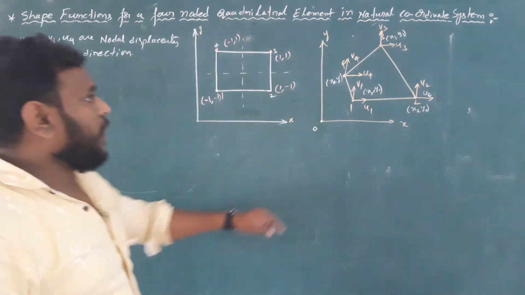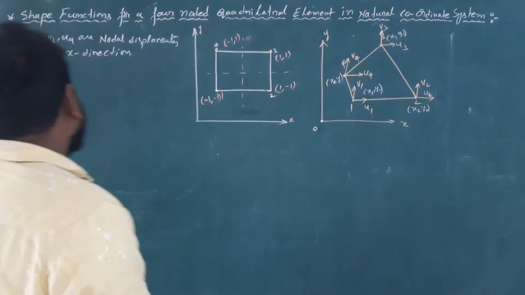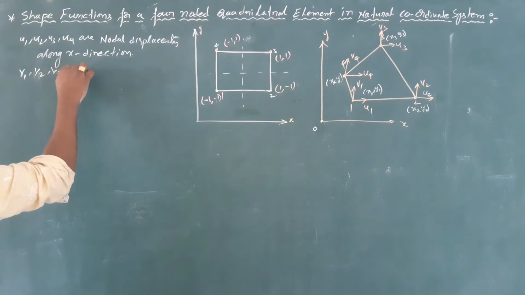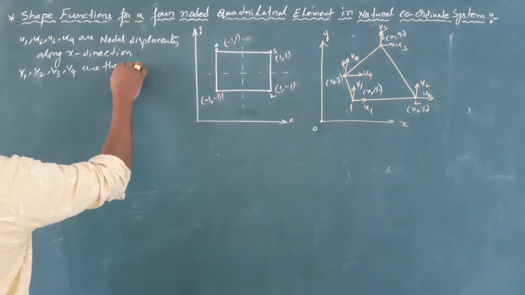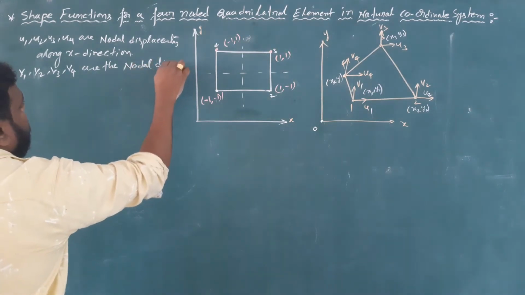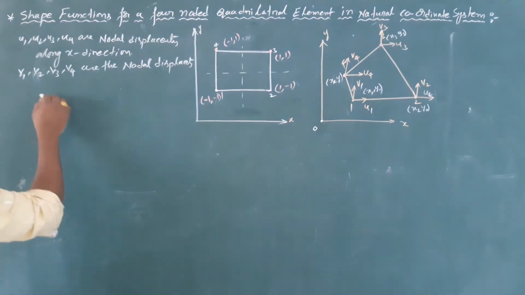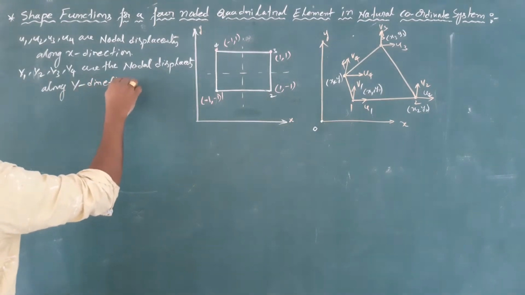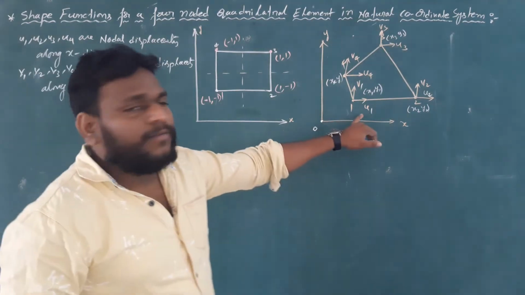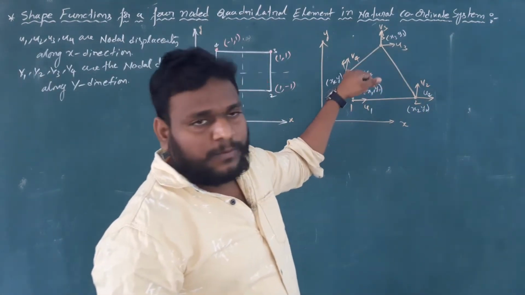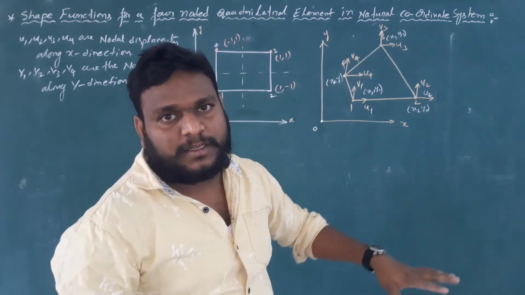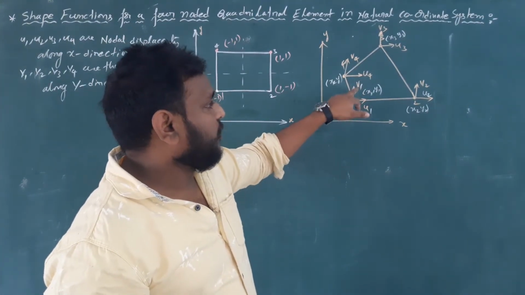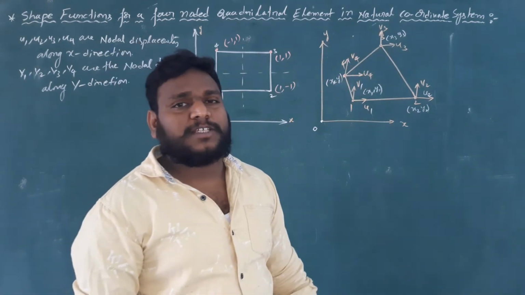Similarly, v1, v2, v3 and v4 are the nodal displacements along the y direction.